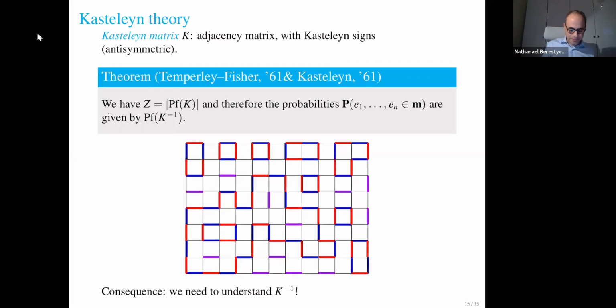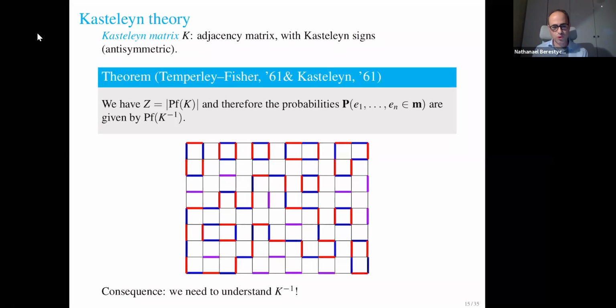So I'll say a few words about where this formula comes from. It's really the starting point, and it's a crucial thing about the dimer model. This is why it's possible to say so many things about it. So where does this theorem come from? Well, one way to see it is, instead of showing that Z is equal to the absolute value of the Pfaffian, you can square this identity.